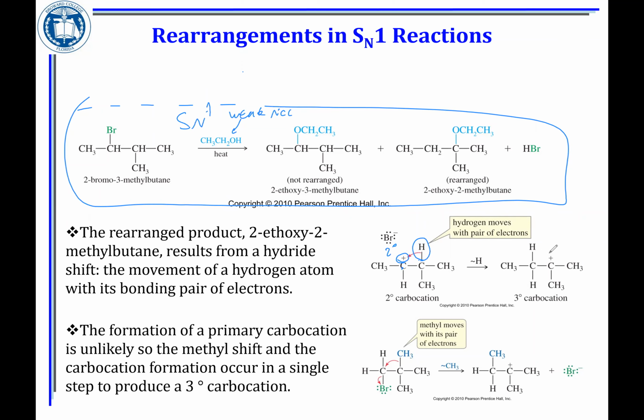When it does shift, it brings the pair of electrons, and the tertiary carbon takes the plus charge. So a secondary carbocation is going to rearrange to a tertiary carbocation. And that's why you are getting a mixture of two products: a product coming from no rearrangement, and one from a rearranged carbocation.